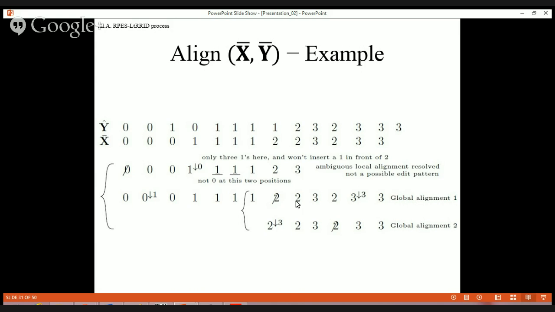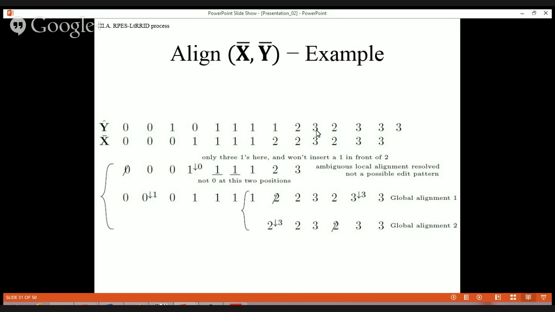In the first alignment here, there is a deletion of 2. This 2 aligns to the Y run 2. The next run to match is 3. In Y hat it is a length 1 run, and in X it is also a length 1 run 3.